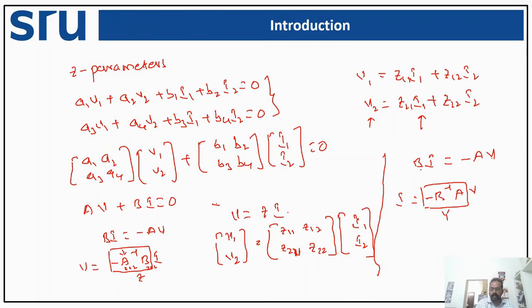If B is a 2 cross 2 matrix and A is also a 2 cross 2, then Y is also a 2 cross 2.